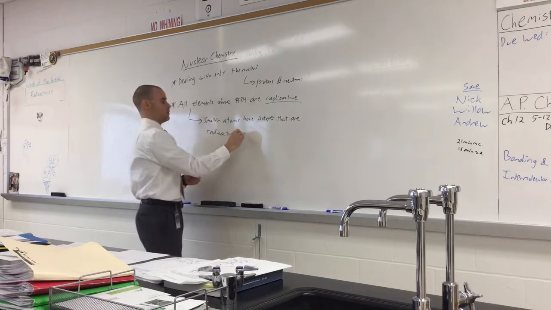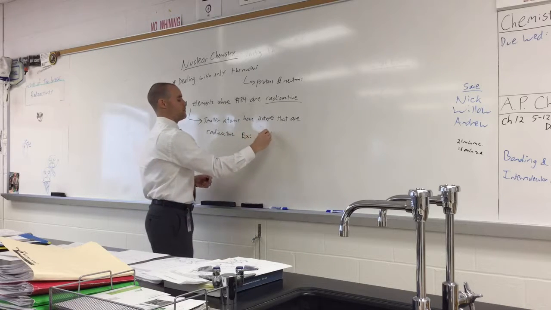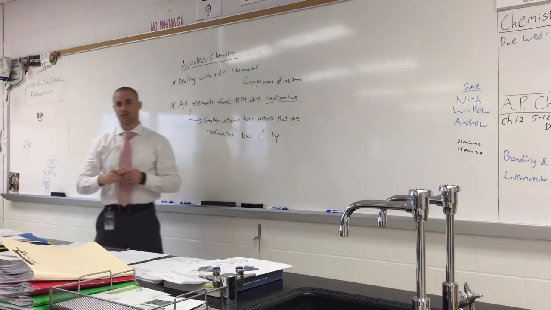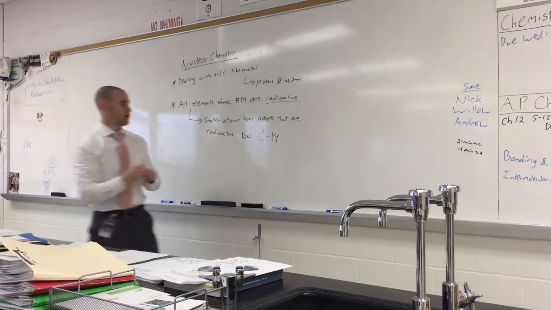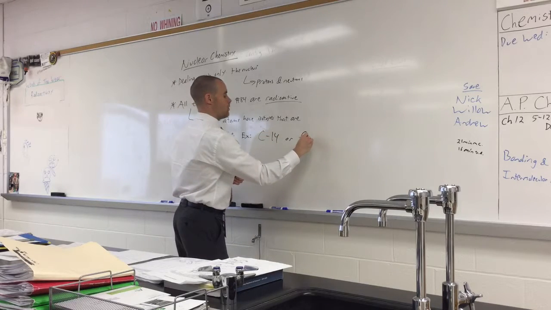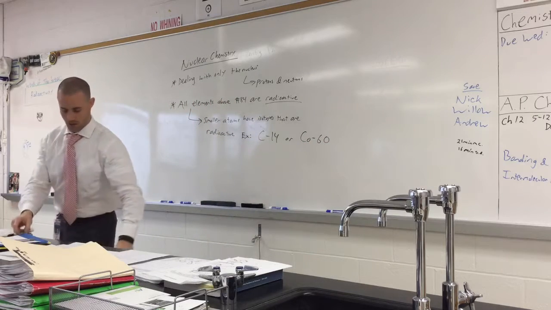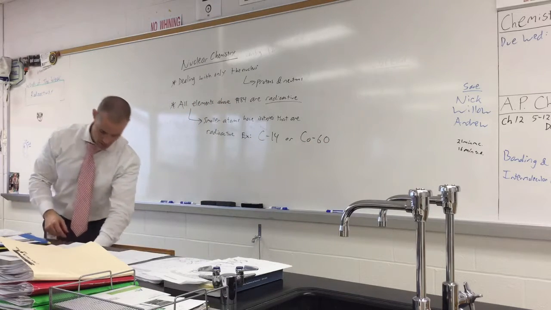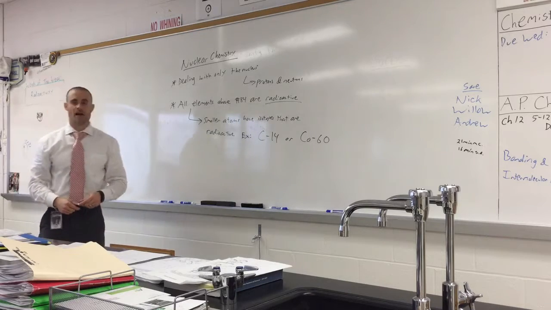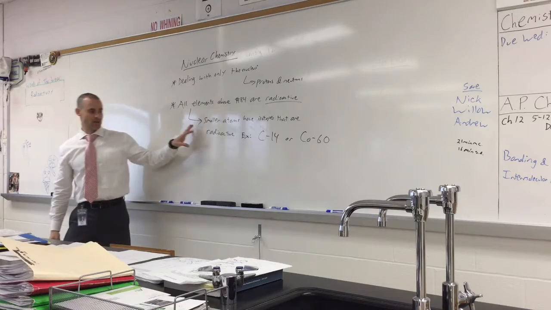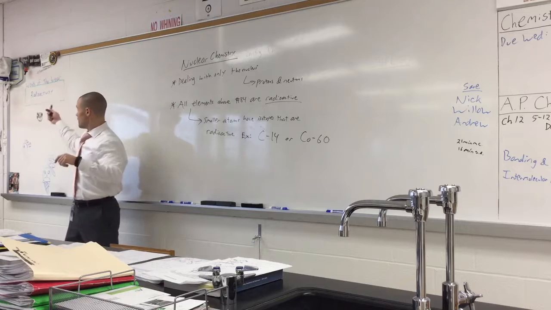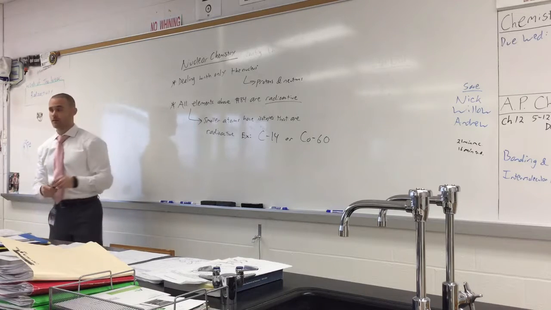An example would be carbon-14 or cobalt-60. Right now I'm saying things you have no idea what I'm talking about, I doubt you do, so I understand that. So just get that down. Let me explain a little bit. I'm going to give you a little bit more notes, then we'll write this down, what she said there, and then the videos. All right.